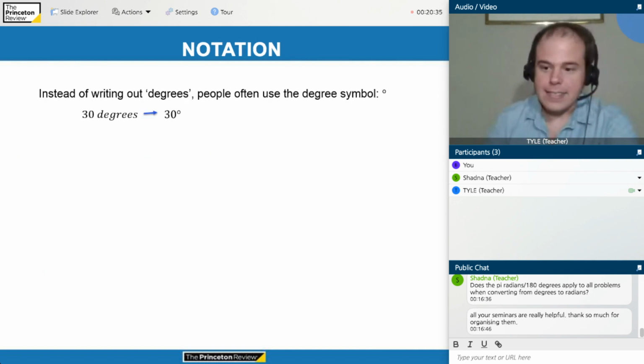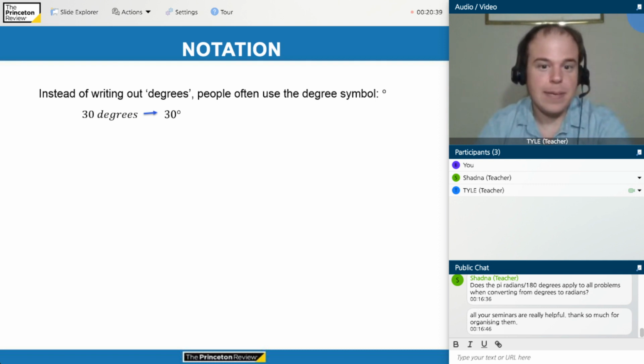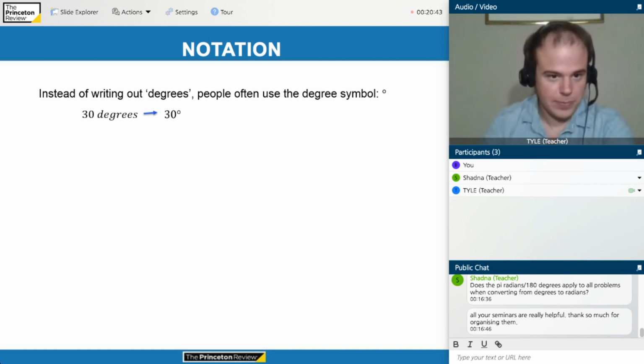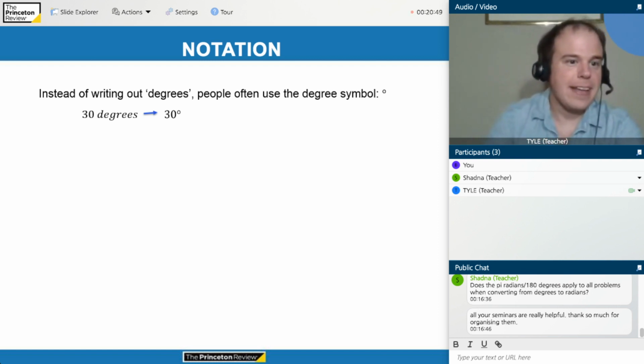So just a couple of notes about notation. Instead of writing out degrees, people often use the degree symbol, this little circle, which is placed up near the top of the number to its right. So instead of writing out 30 degrees, somebody may instead write 30 with the little degree symbol that I've made here, and these two mean the same thing.